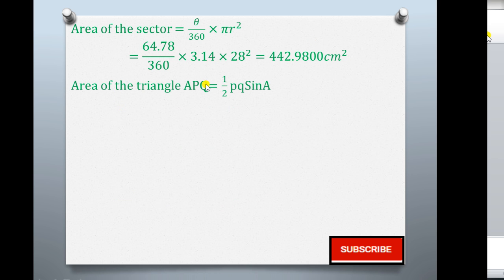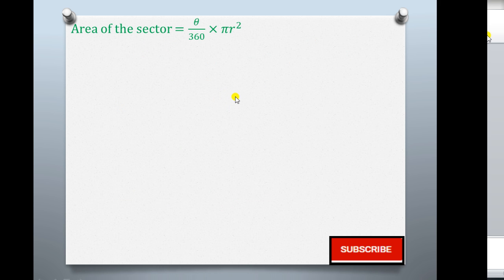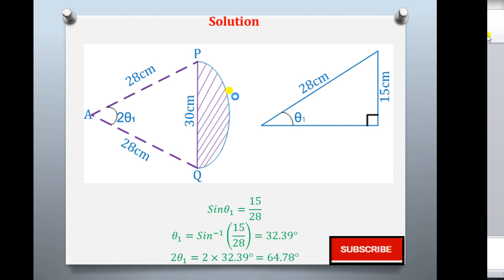Then we can now get the area of the triangle APQ. From trigonometry, if you look at this triangle here, we already have two sides, AP and AQ, and we have one of the angles. So distance AP is going to be small q, then distance AQ is going to be small p, simply because it is opposite to this angle P. Then we take the sine of this angle that we have just found.